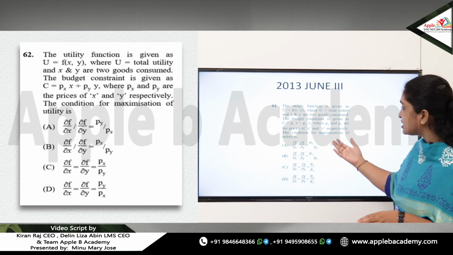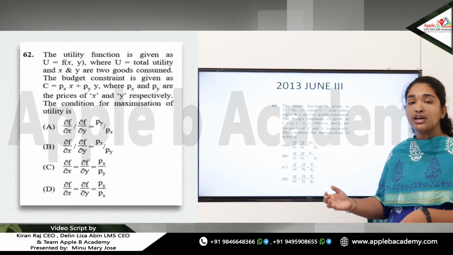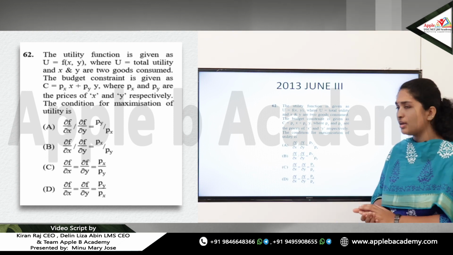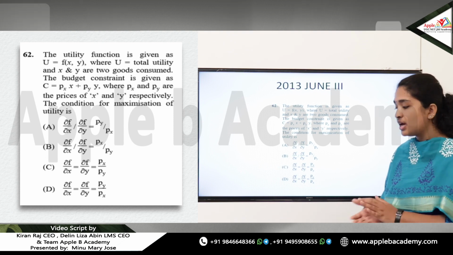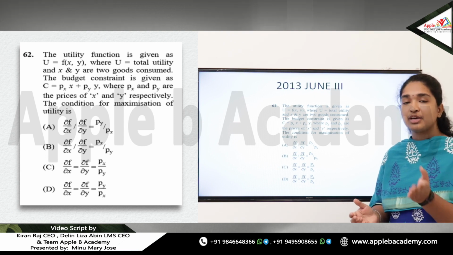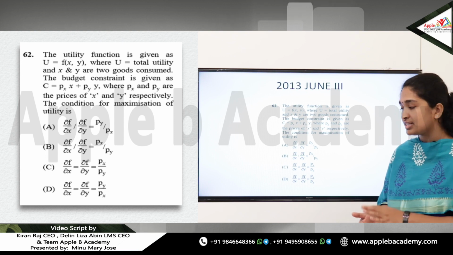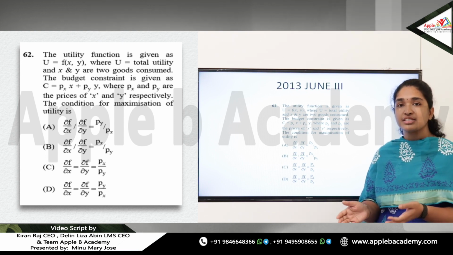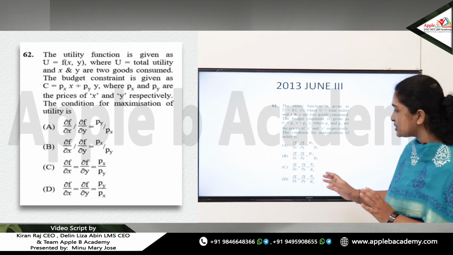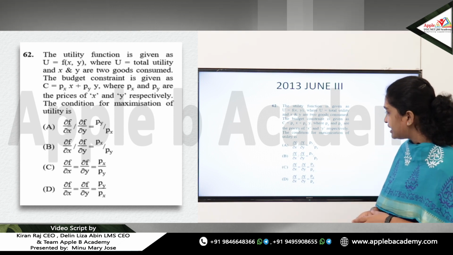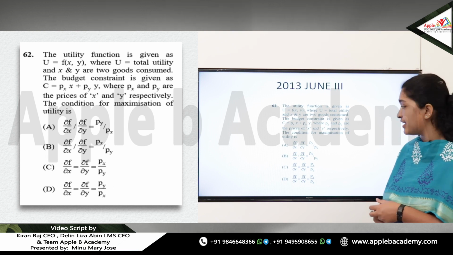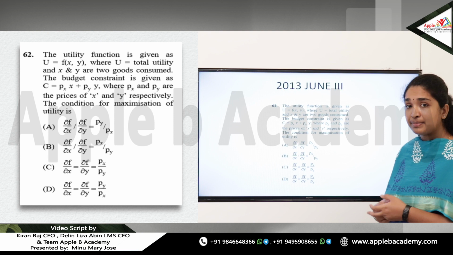So since the budget constraint is given and we have a utility function, we can always use the equilibrium condition which we had discussed in the previous question, when there are two commodities and when the prices of the commodities are different. So the options given are: option A, delta f by delta x divided by delta f by delta y is equal to Py by Px.